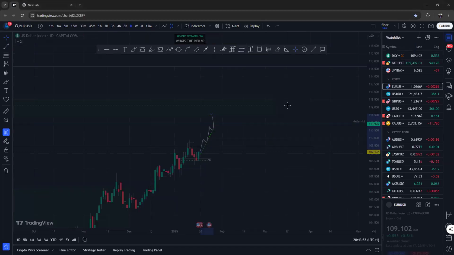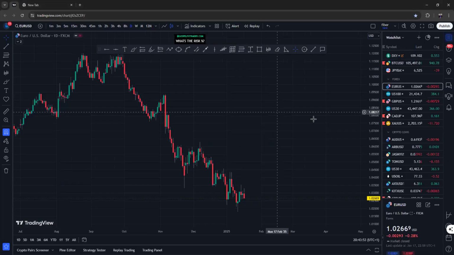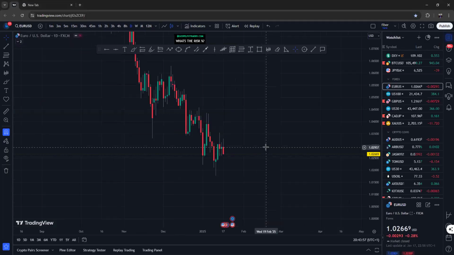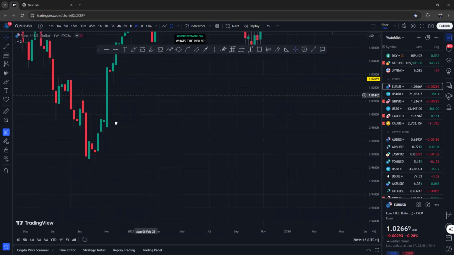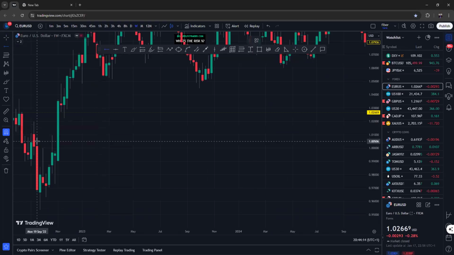Let's look at Euro USD. You will notice that lately we've been trying to have some SMTs on Euro USD. Euro USD is trying to push higher, but because of what we said on the dollar index, Euro USD might likely continue dropping. Also, this is the other block on Euro USD, right here.